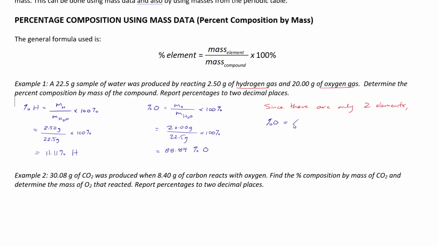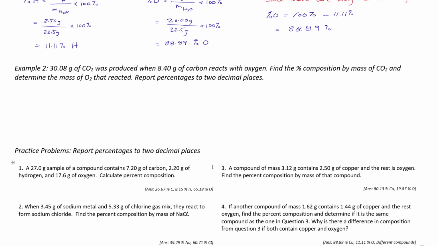All you had to do was get 100% minus 11.11%, the percentage of hydrogen, and you would get the same answer, 88.89%. However, if you have more than two elements, then you do have to calculate the percentage of multiple elements using this method to find out what percentage all the elements make of the compound.